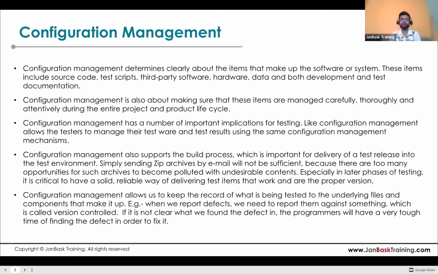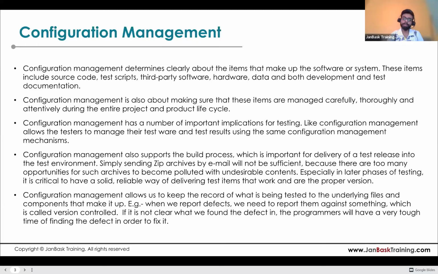Okay, so now from the developer point of view, what are the different things that need to be configured? From the development point of view, they need to configure their source code, right? The code they are writing. They need to maintain different versioning, because the code they are writing needs to be changed frequently.